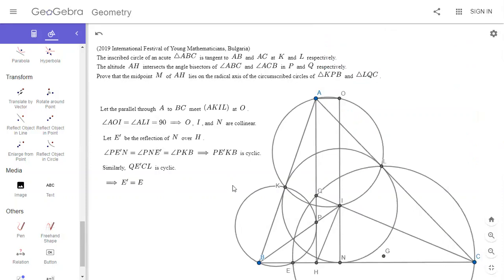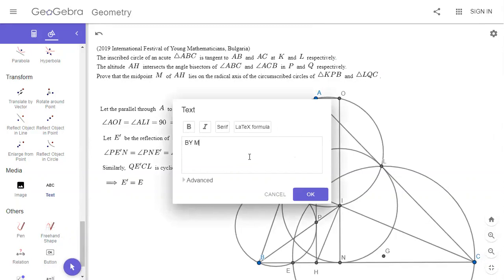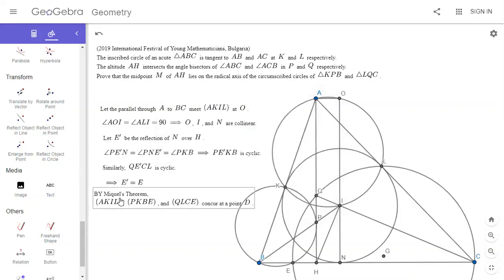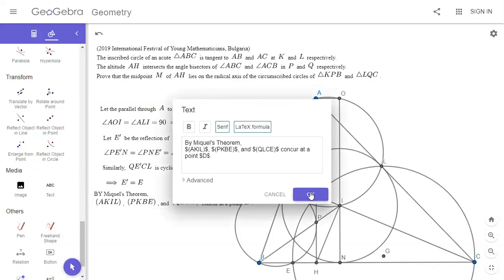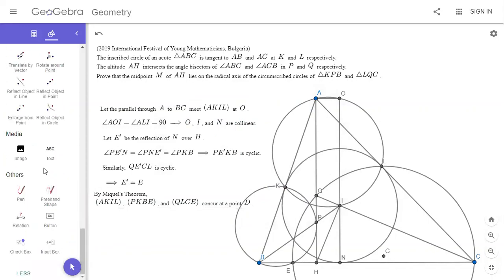And then by Miquel's theorem, the three circles, PKBE and QLCE, concur at a point D. All right. So I'm going to draw D.